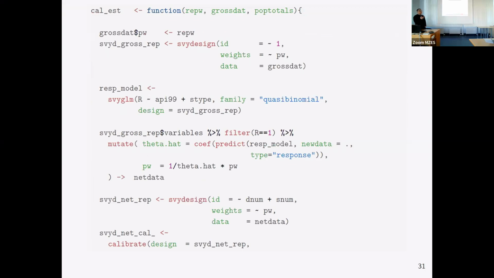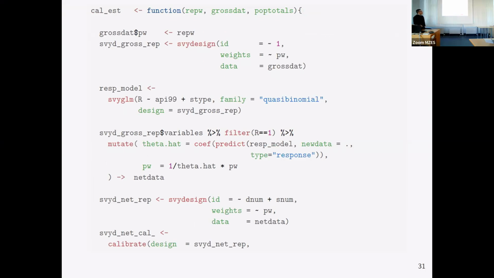Okay, so how can I implement what was on that slide before, where I showed in text these steps of incorporating the variance that is due to the response process and estimation of response propensities?